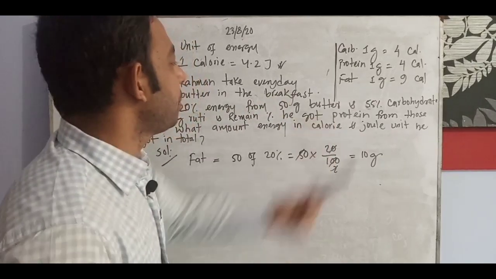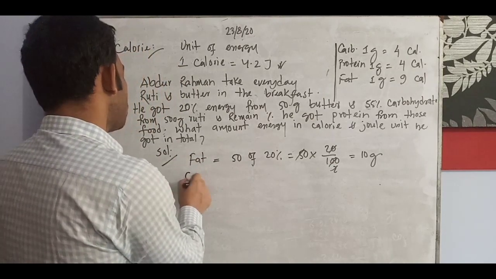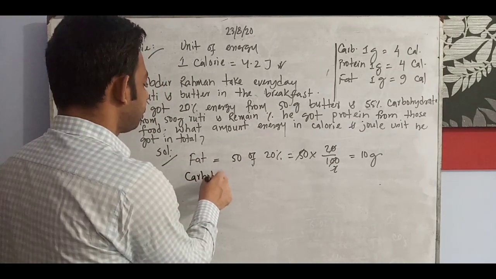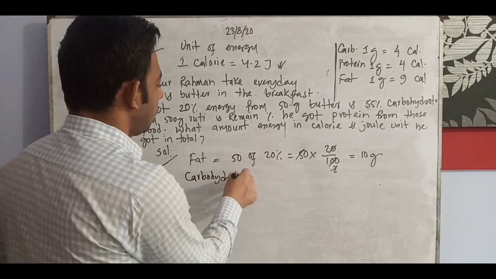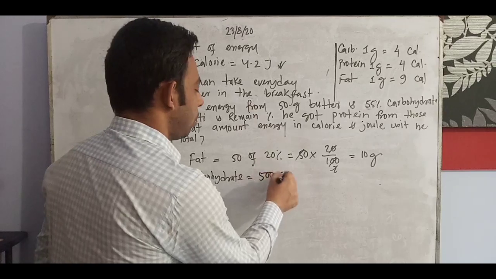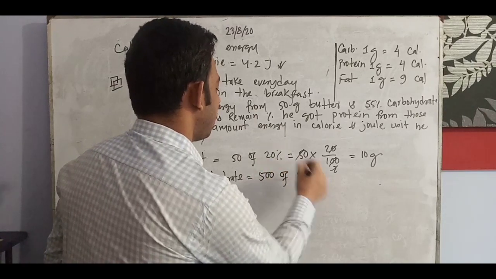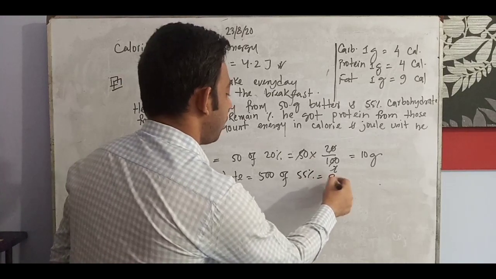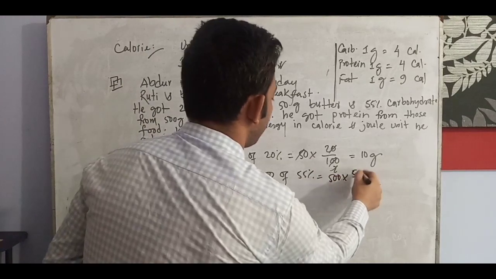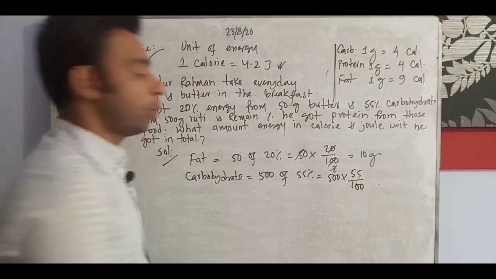Now 55% carbohydrate from 500 gram roti. Carbohydrate he got is 55% of 500 gram total, that means 500 into 55 divided by 100. 55% means 55 by 100.